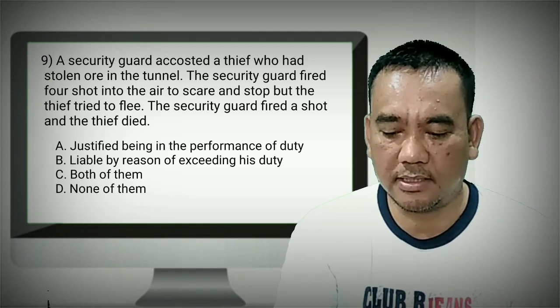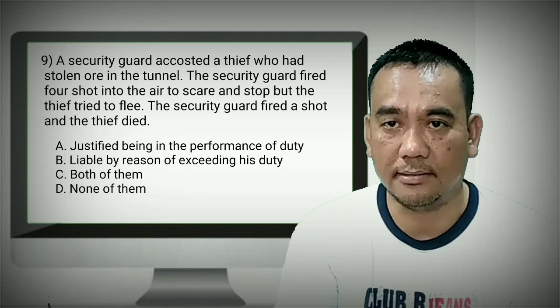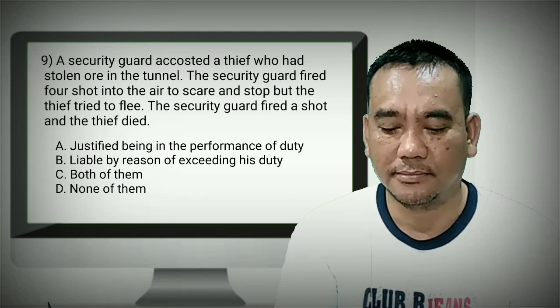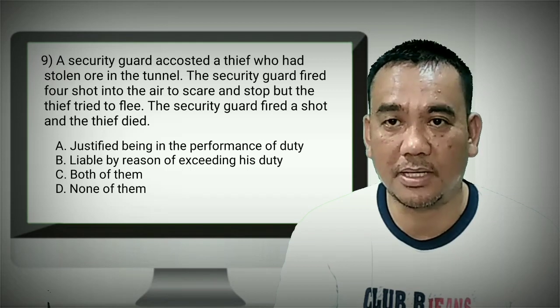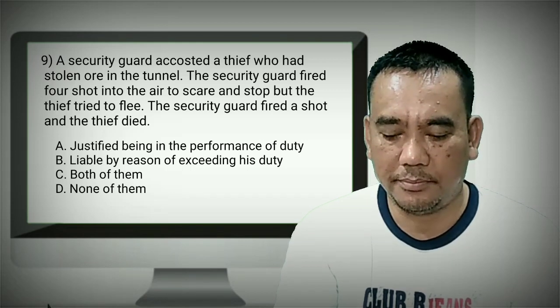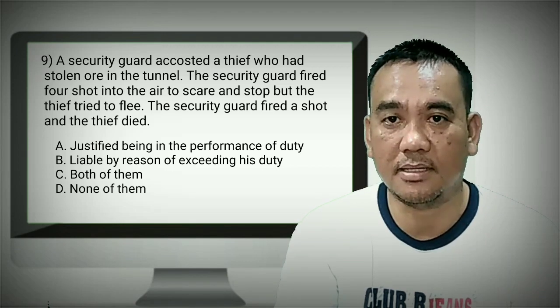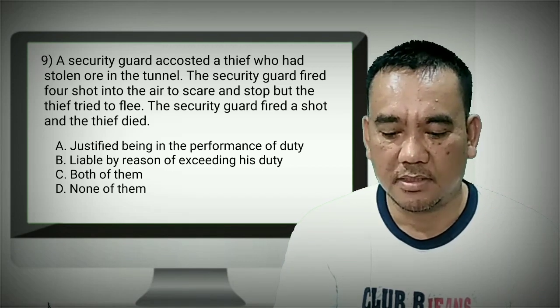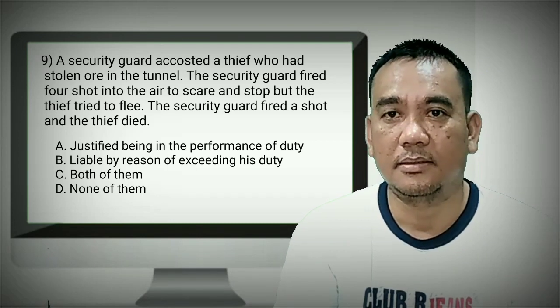The security guard fired a shot and the thief died. A. Justified being in the performance of duty. B. Liable by reason of exceeding his duty. C. Both of them. Or D. None of them.